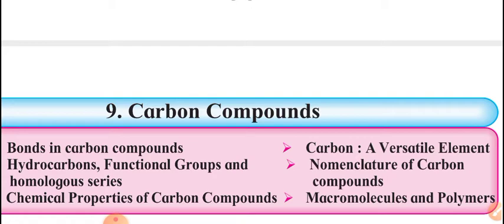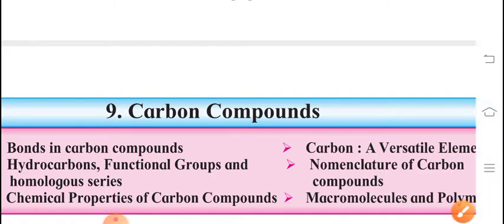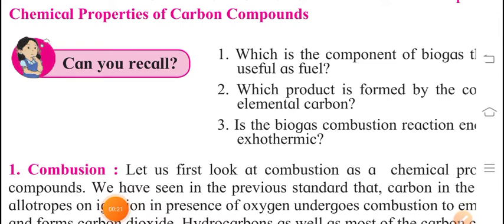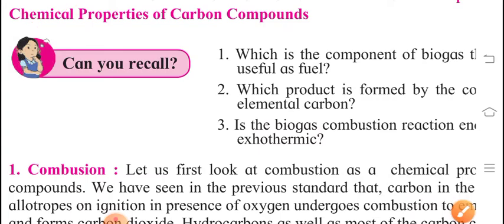In this chapter today we are going to discuss the chemical properties of carbon compounds. So our topic is chemical properties of carbon compounds. There are four properties. First is combustion.